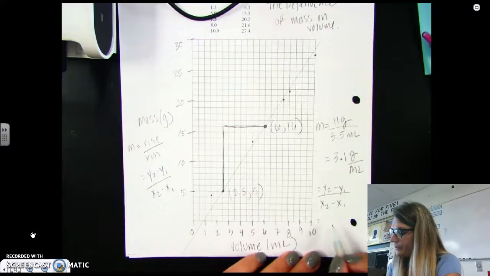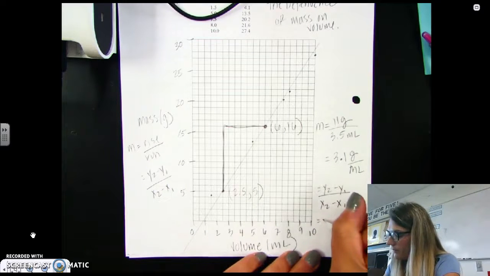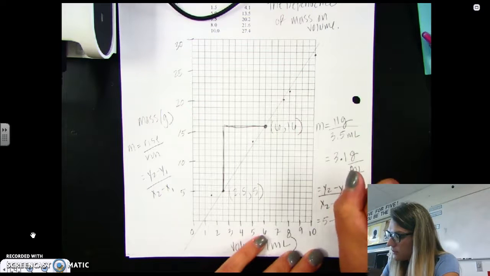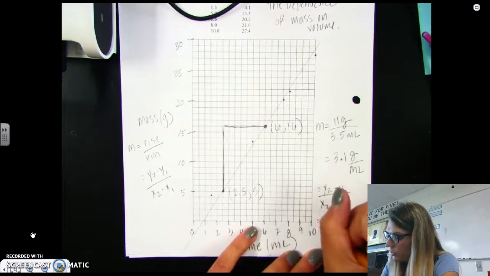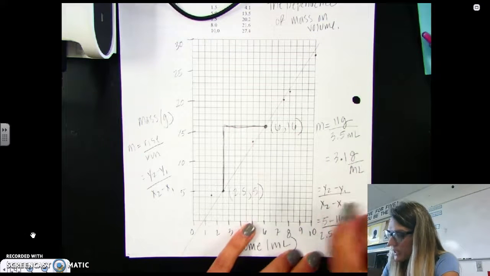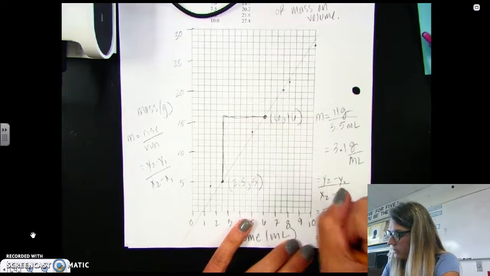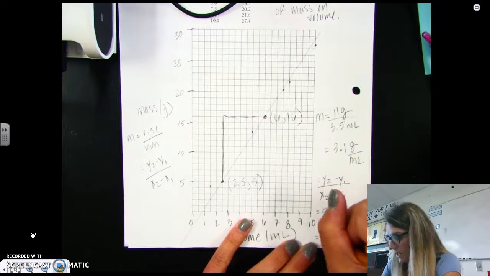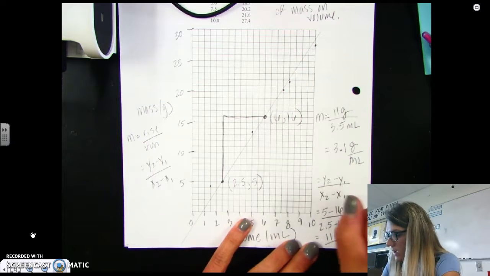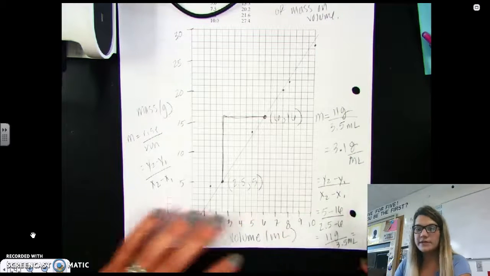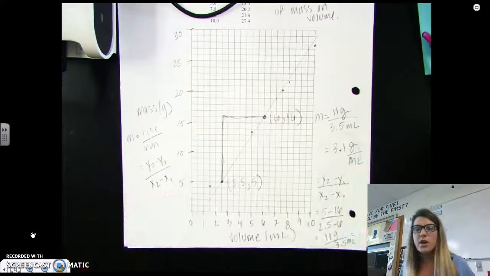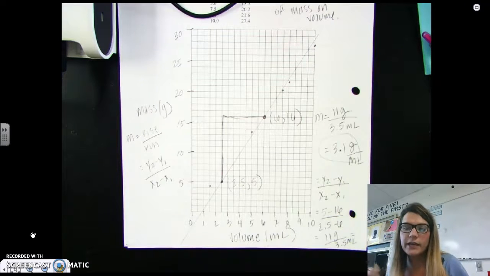So then I would do 16 minus 5 divided by 6 minus 2.5. If I do this in my calculator, it would be 11 grams divided by 3.5 milliliters, which gives me the same exact value that I got here. Okay, so that's how you graph and calculate slope from your line of best fit. Thank you.